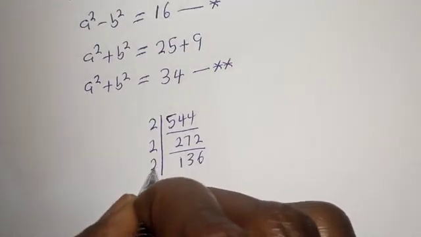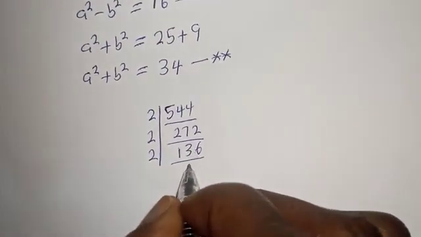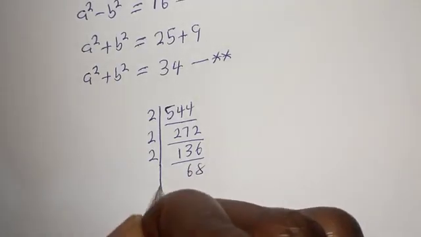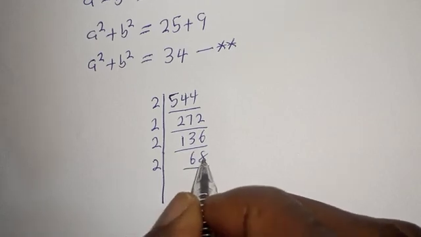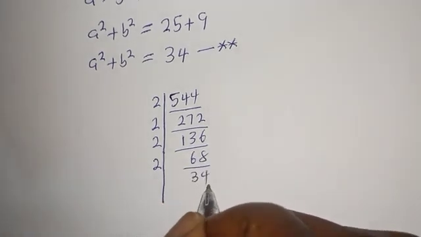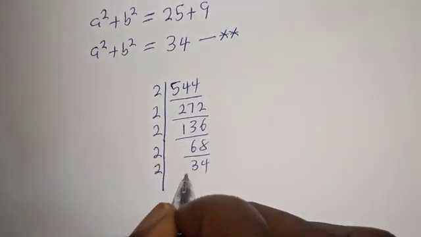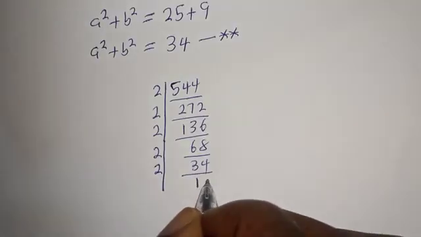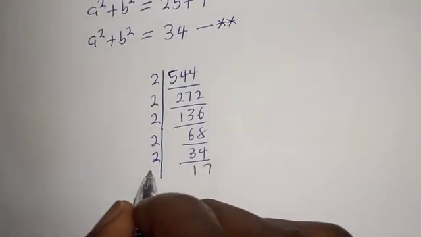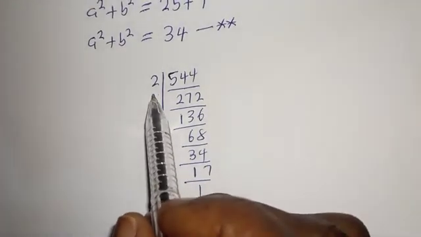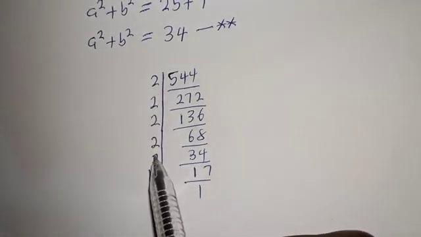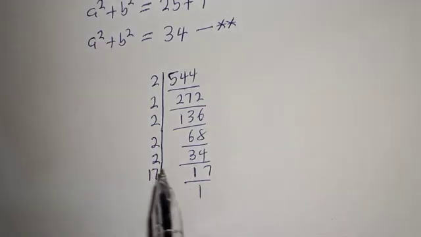And if you divide by 2, we have 68. Then if you divide by 2, we have 34. And if you divide by 2, we have 17. Then divided by 17, we have 1. So this is 2 times 2 times 2 times 2 times 2 multiplied by 17.